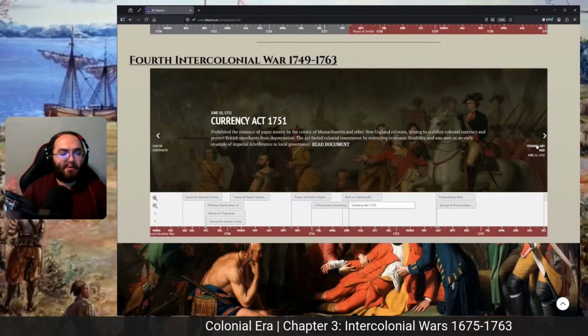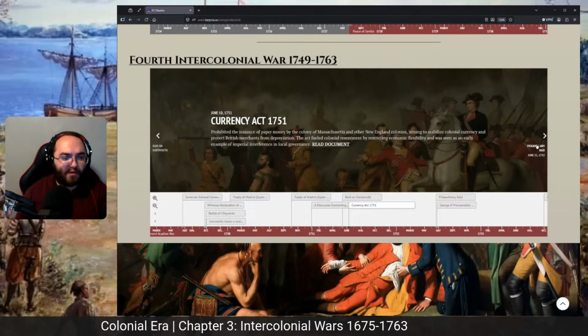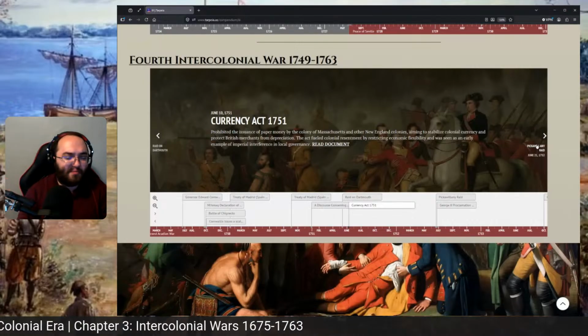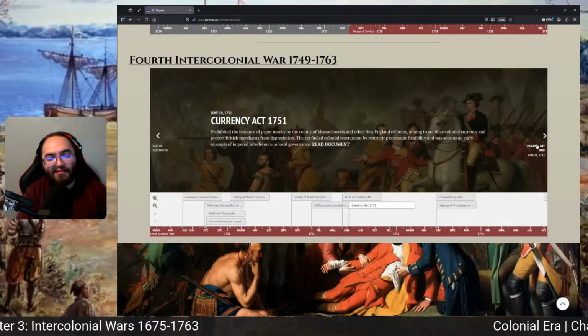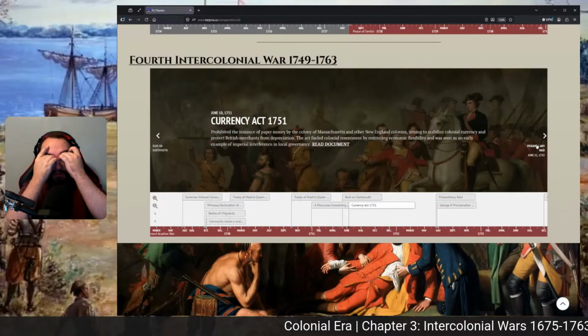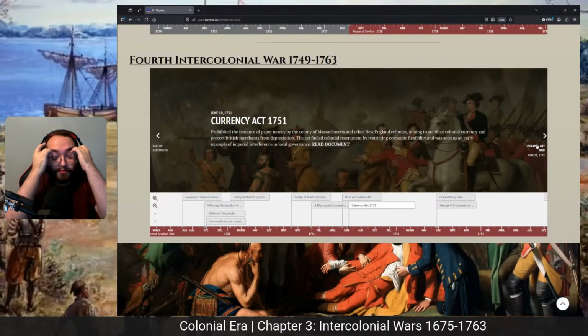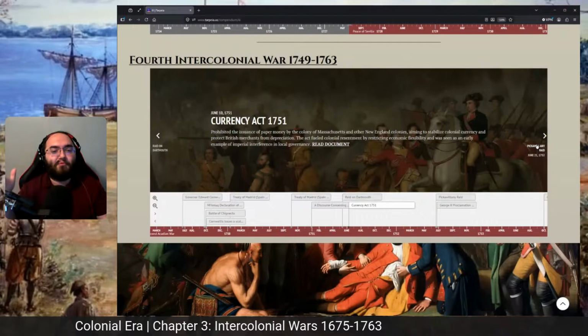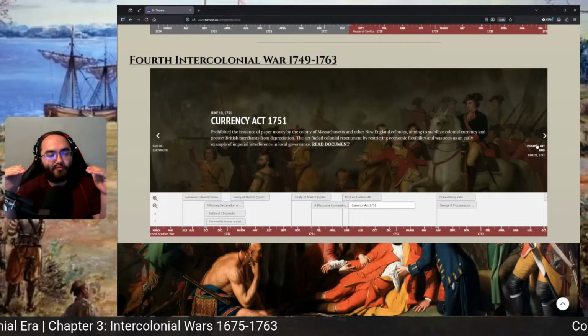At least there needs to be a bunch of addendums and footnotes when you talk about salutary neglect, because it's not what people say it is. It wasn't the king and Parliament doing absolutely nothing. It wasn't complete neglect of the colonies.